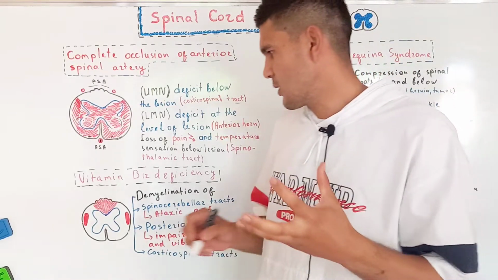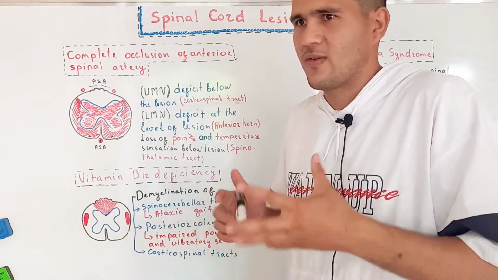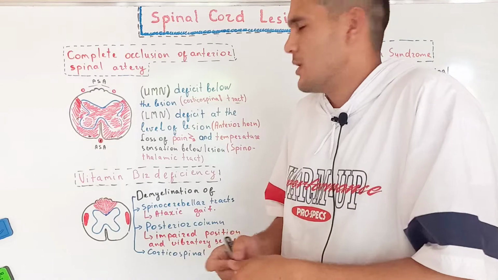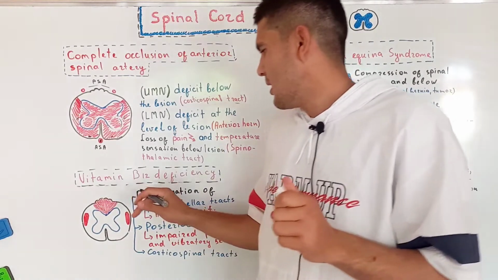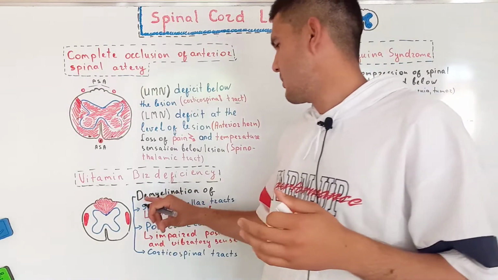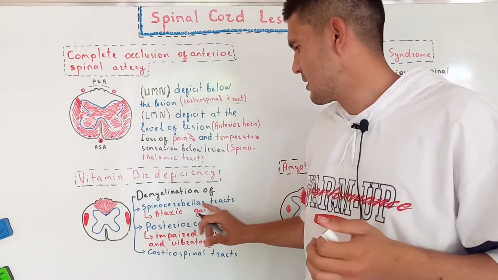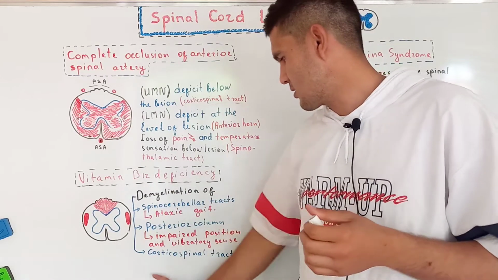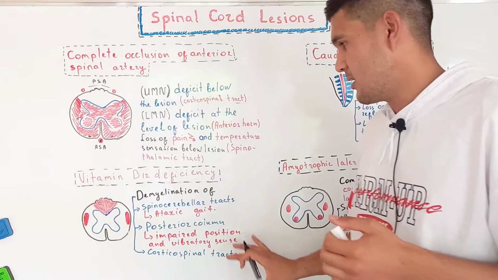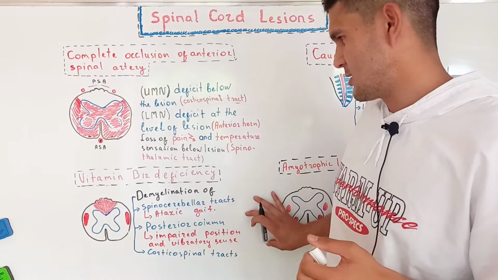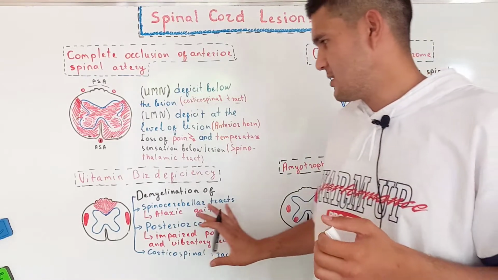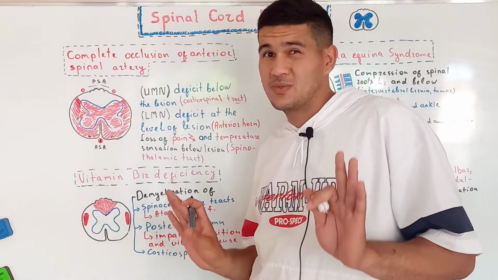Specifically, when vitamin B12 is insufficient in the human organism, it can cause harmful effects by demyelination of the spinocerebellar, posterior column, and corticospinal tracts. And due to these tracts and structures, symptoms can be caused.